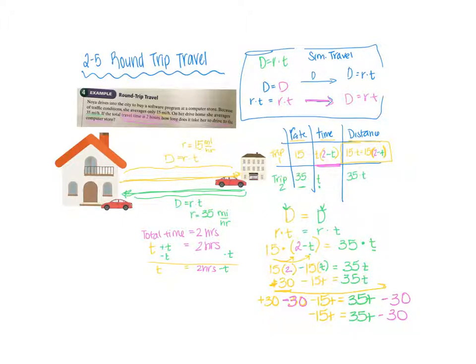All right, I'm not done yet. I've got to combine like terms. My 35t and my 15t need to be combined because they're both t's. So I've got to subtract my 35t minus 35t. Remember to bring down your minus 30. And we're going to set that equal to negative 15t plus a negative 35t.